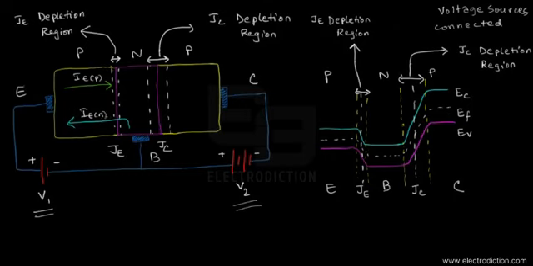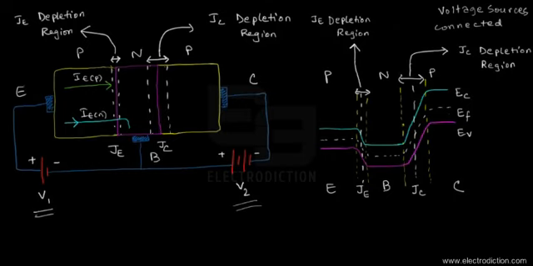The arrow mark would just be reversed since we're talking about the current components. So here we'd have the current component due to the electrons that flow from the base into the emitter section. But since the electrons move in a direction opposite to the conventional current's direction, we'll take it in a reverse way. That's the direction of the conventional current.